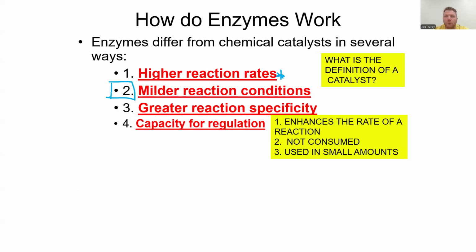When you think about milder reaction conditions, what that means is that you've got a reaction going at, well, room temperature. A reaction is being done at a very high rate and it's not generating a lot of excess heat. It's not under an extreme pH or anything like that. We've also got greater reaction specificity, so specific stereoisomers are produced.